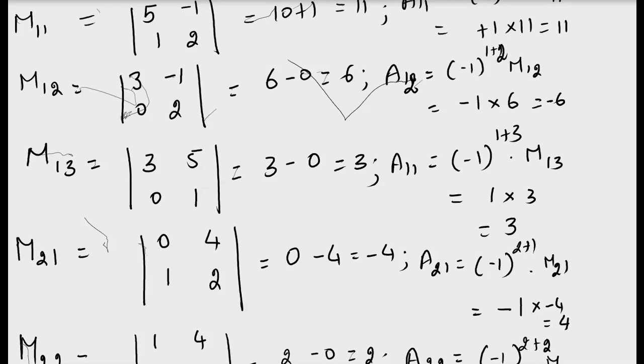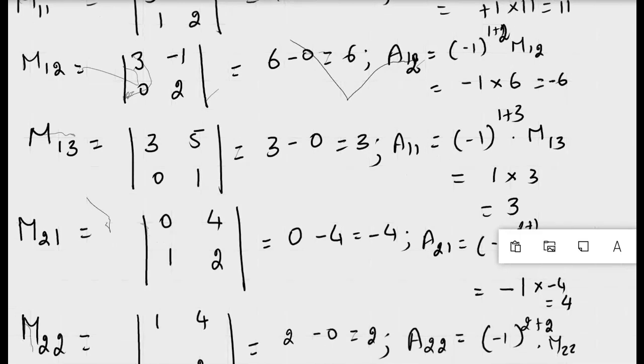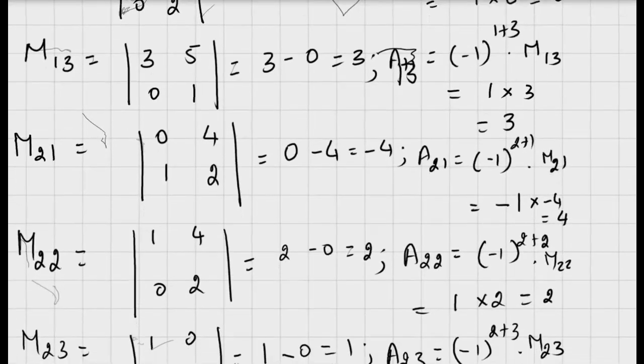A12 is equal to minus 1 into 6, which is minus 6. M13 is 3. A13 is equal to minus 1 to the power of 1 plus 3 into M13, which is 3.